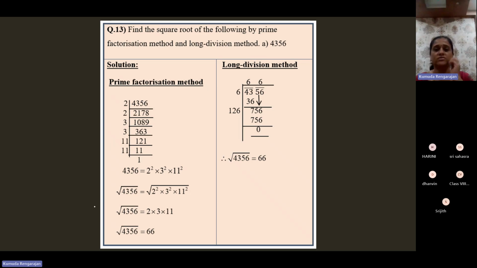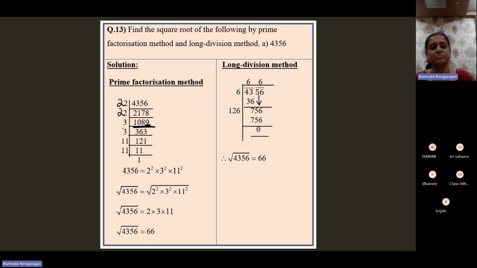Yeah. Check your answer. Harini, got this? You can see here I've used 2 and again divided by 2. Then this number is not divisible by 2.